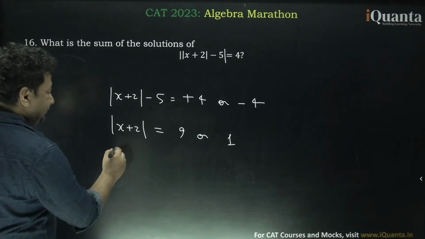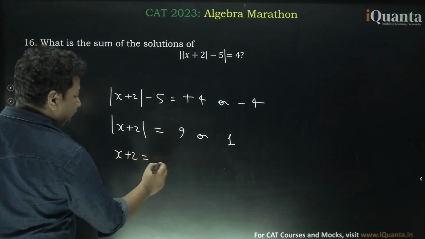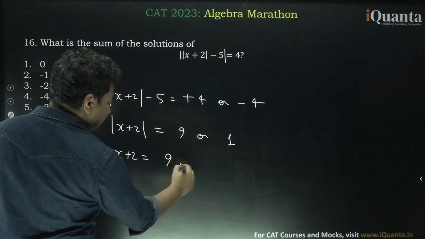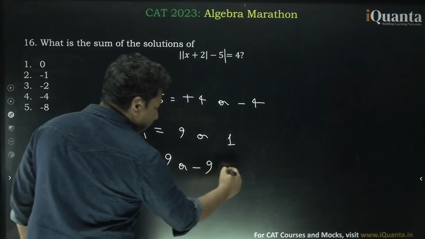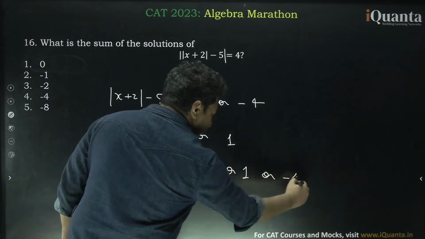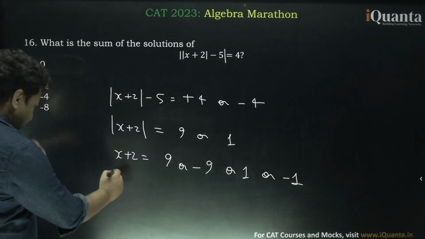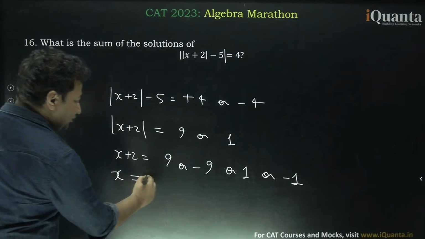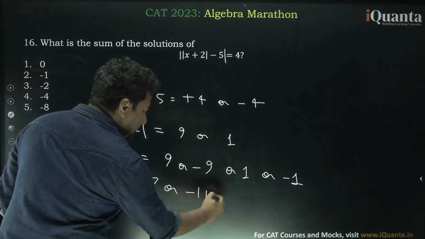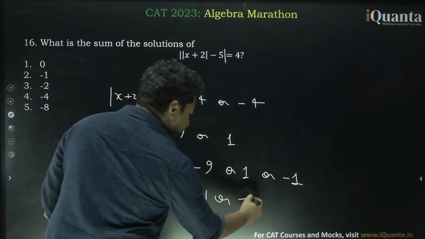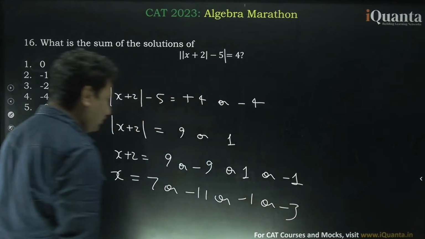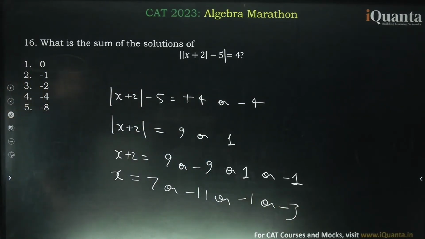Clear? Now removing the mod, we'll be having 9 or minus 9 or 1 or minus 1. In one line we can answer this. Let us send minus 2 over there. We'll be having 7 or minus 11 or minus 1 or minus 3. Let's add them all. Minus 8 is the answer. Clear?